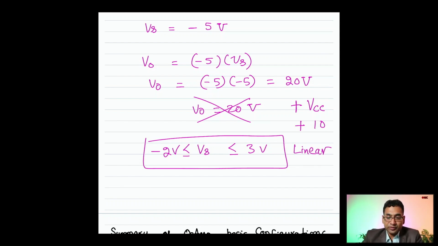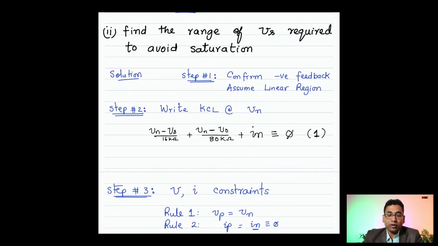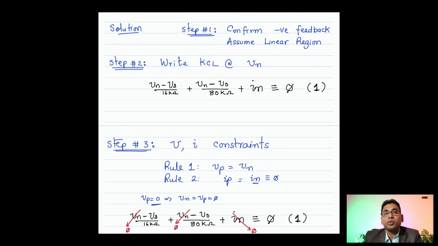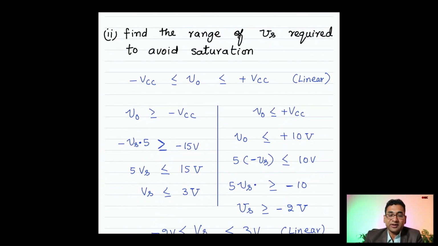Okay, so to recap, what we have done is to follow 4 simple steps. These steps you can apply over and over again when you are solving problems. Then to solve the second part of the problem, all we did was to make sure that your output voltage is within the positive and negative power supply.